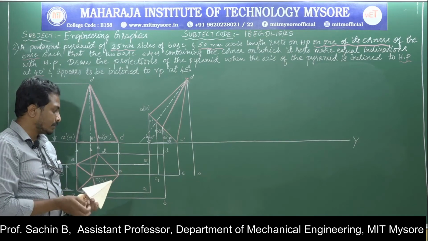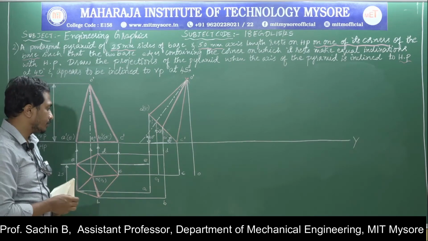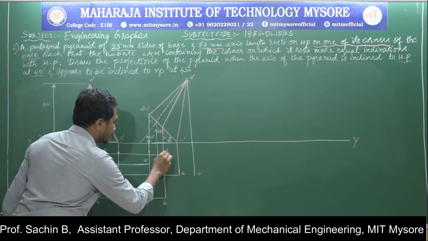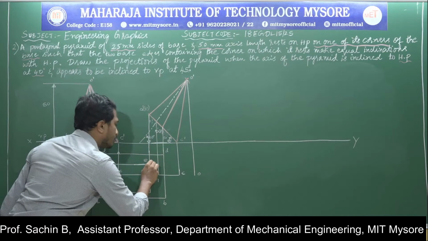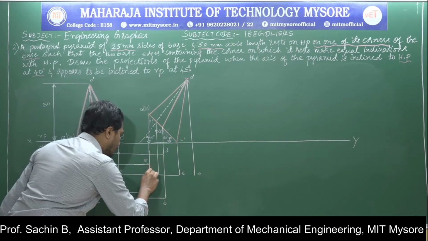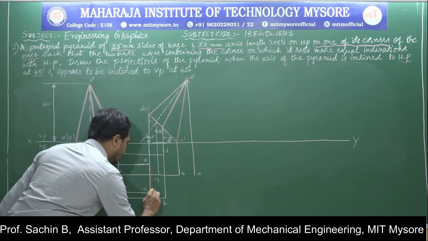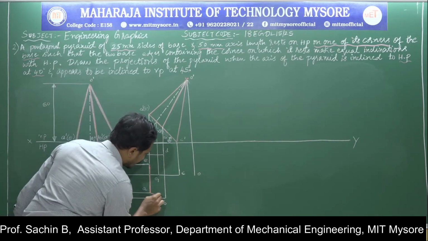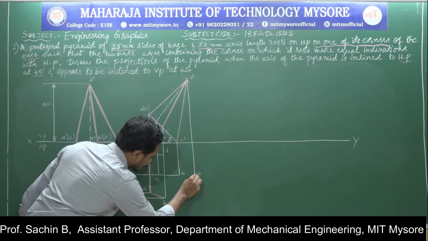According to the first concept, outermost edges are visible. Here if I start from D point or from O point or from E point, outermost edges are visible in the top view. This is one of the outermost edges.